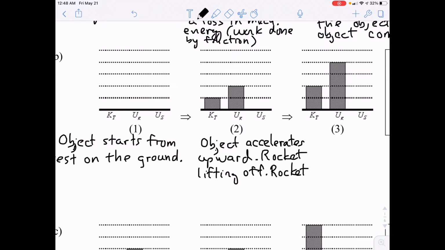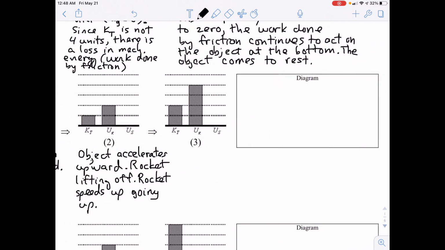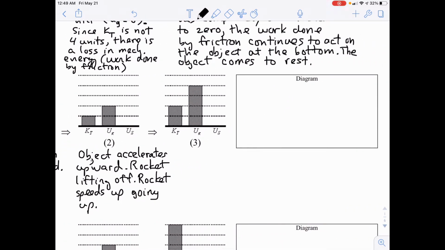Rocket speeds up, going up. And then, of course, in scenario 3, what do you have? You have more kinetic energy, more potential energy. Essentially, the rocket's getting higher.